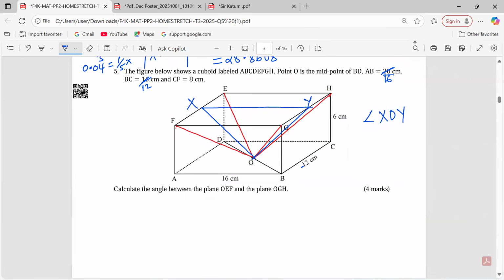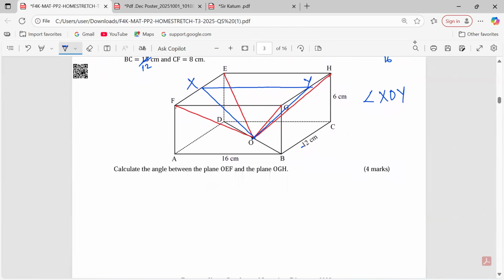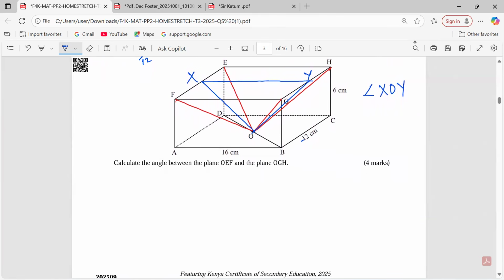Therefore, let me extract the triangle very well. X, Y, and O is here. So we need the angle at this point. That is the angle we need.